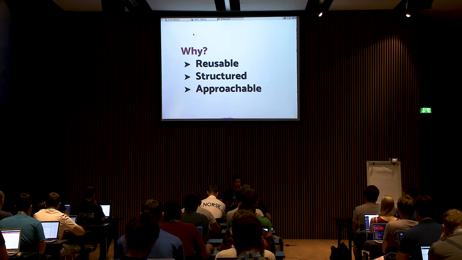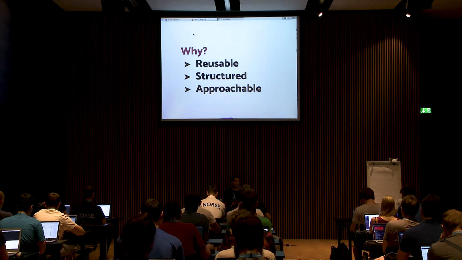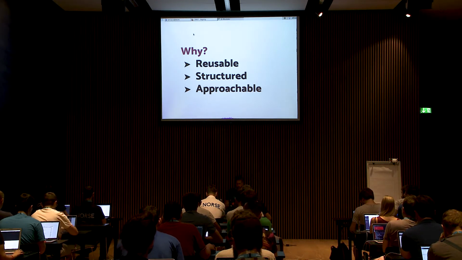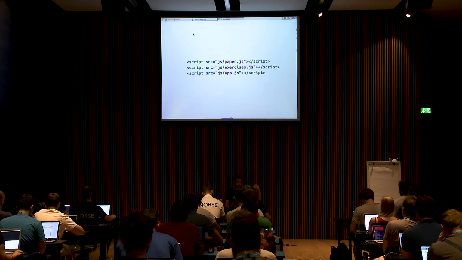And if you created a project, you would add a bunch of script tags, which would load your different modules by hand. And they would all be touching the global scope. So you'd have to work out yourself the order in which you created the script tags and which ones you would need for your project.